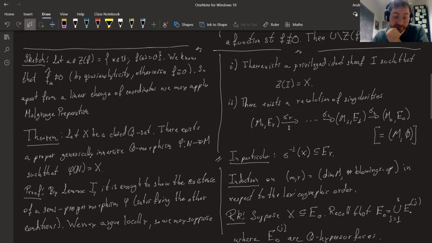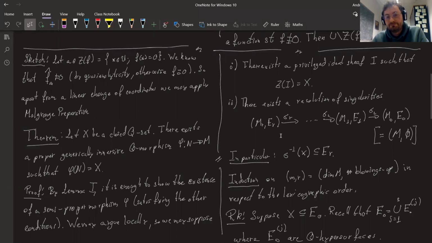But they do that because, at least at the time, resolution of singularities was considered a difficult technique. And by now, the situation has quite radically changed. I feel like we understand resolution of singularities very well. Bierstone and Milman helped a lot in this understanding. We have books about it.